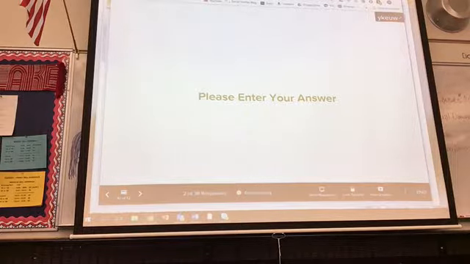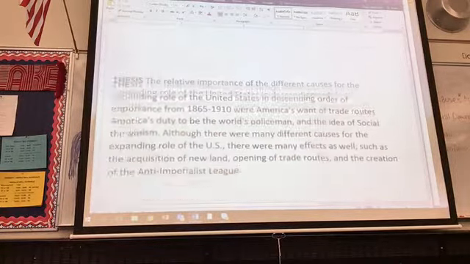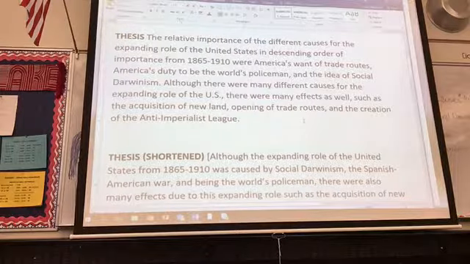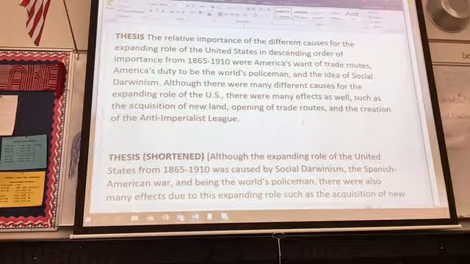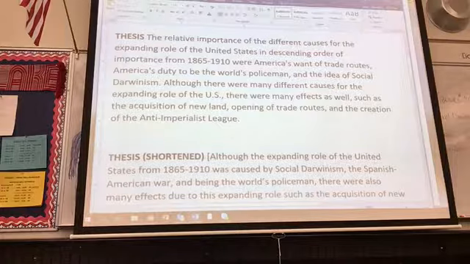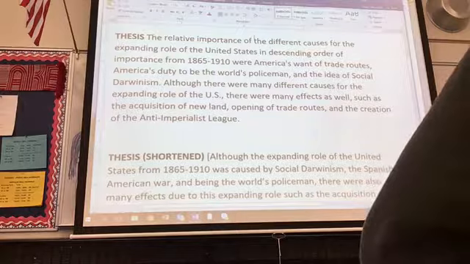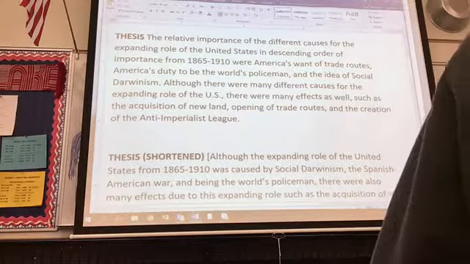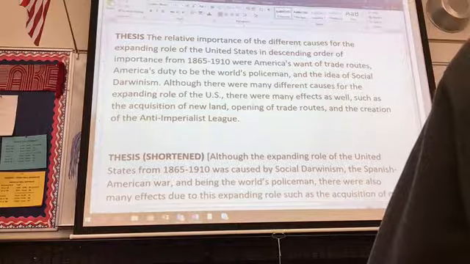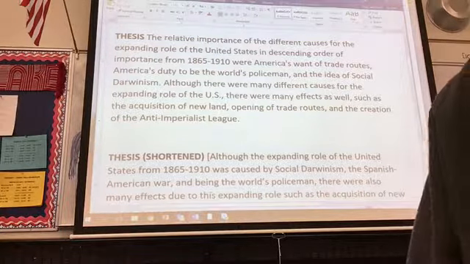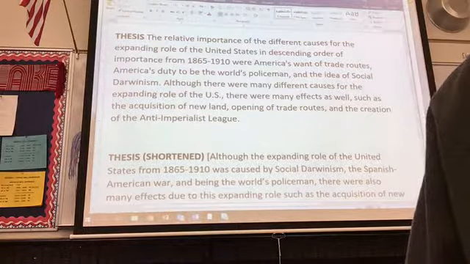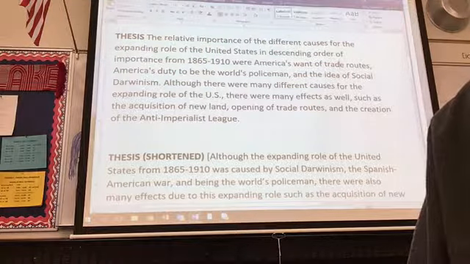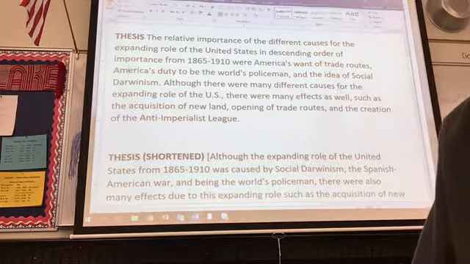Okay, listen. So now you need your thesis. One important thing is remember how we talked about how the prompt says the word relative? So this thesis up here would be considered an exemplary thesis, like a level 5 thesis. It says the relative importance of the different causes for the expanding role in the United States in descending order of importance. So what they did is they're saying basically that America's want of trade routes was number 1, 2, and 3.